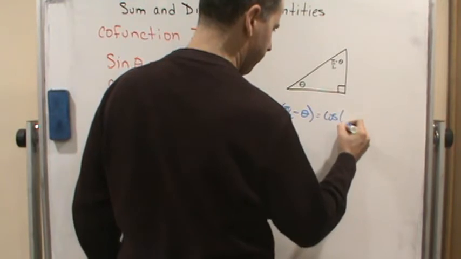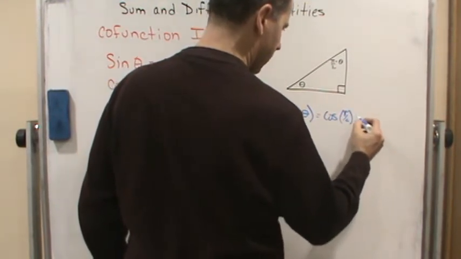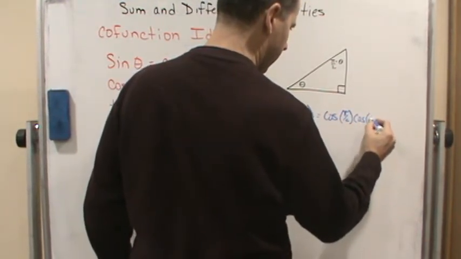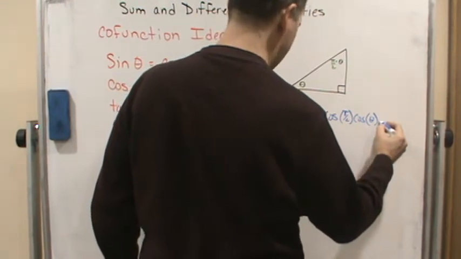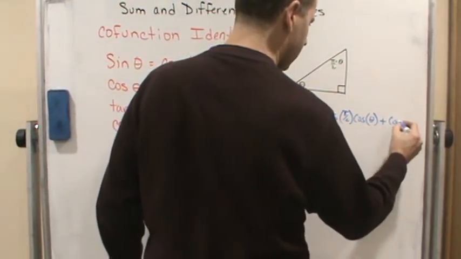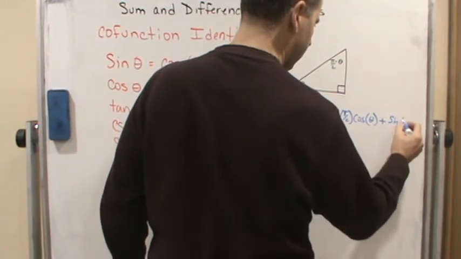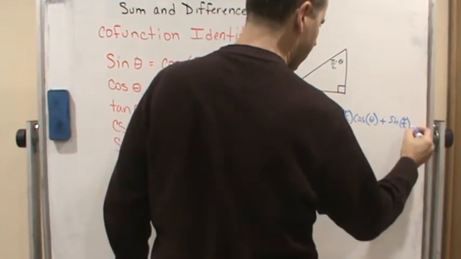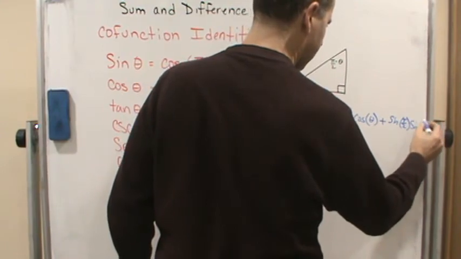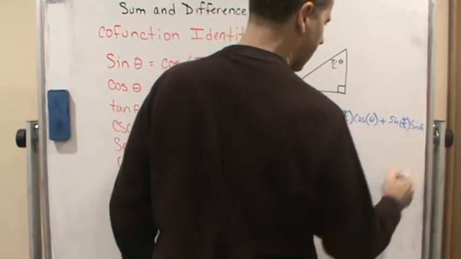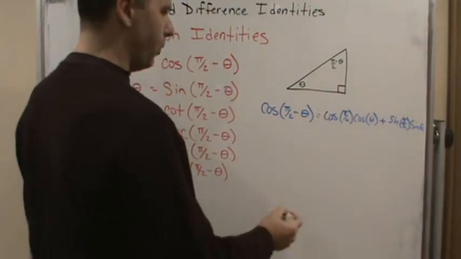Cosine of pi over 2 times cosine of theta, plus sine of pi over 2 times sine theta. And so what happens here?